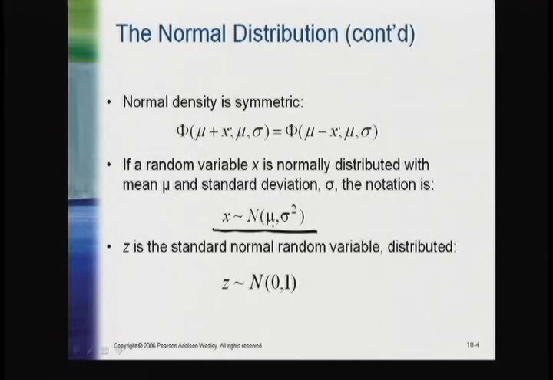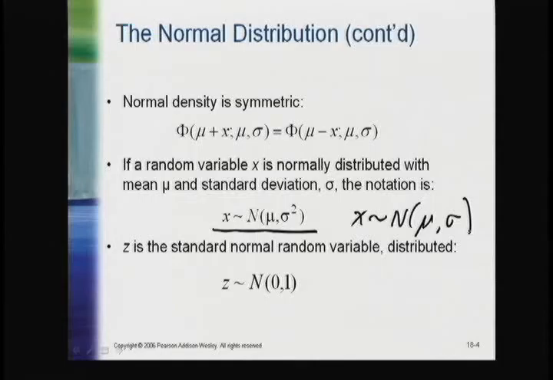Just not to be confused by this, it's important to know the convention of any given author, but sometimes you will see this expressed with the mean and the standard deviation. I think it's more common to use mean and variance, but watch out for that as you look at other books.